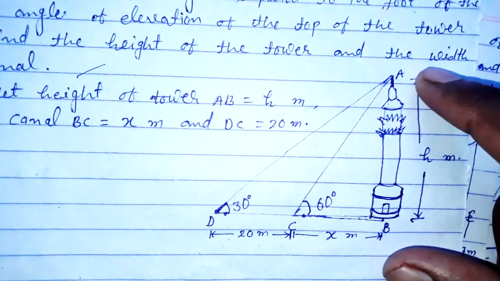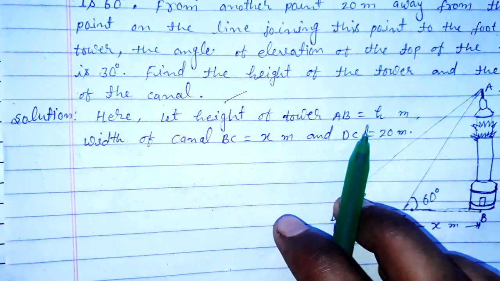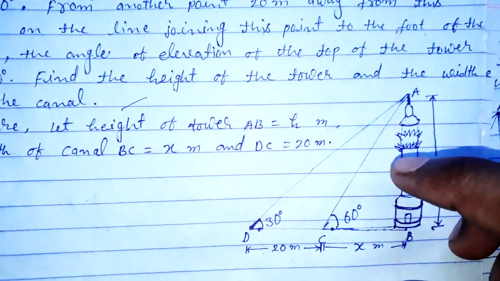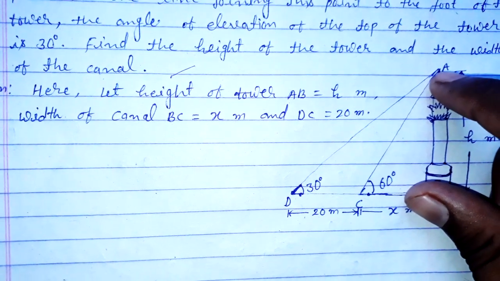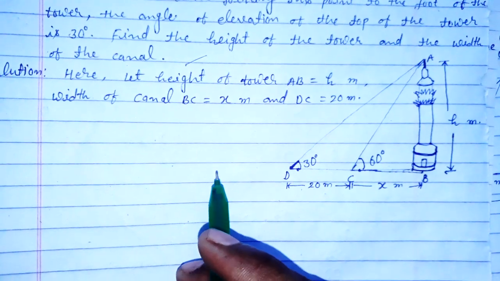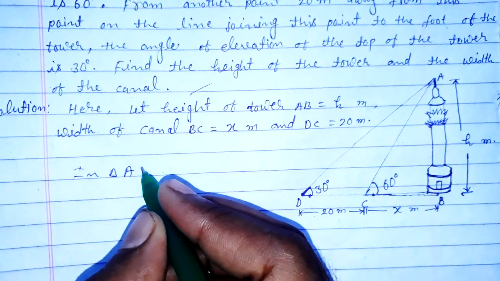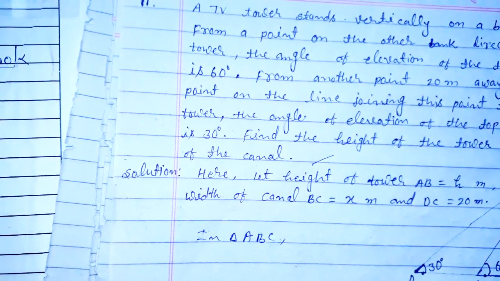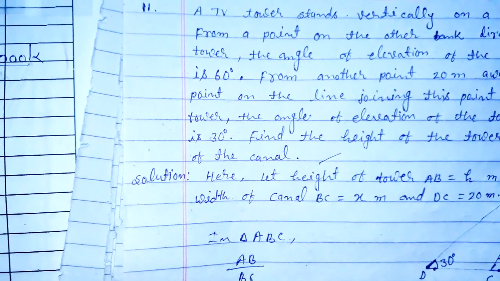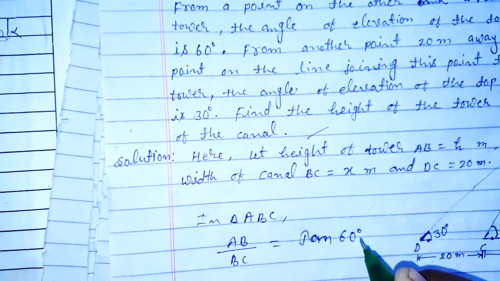So draw the figure here. This is the figure and this is the tower. In triangle ABC, take the ratio AB upon BC, which is tan 60 degree.